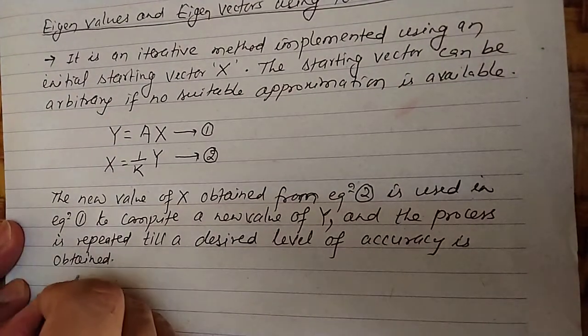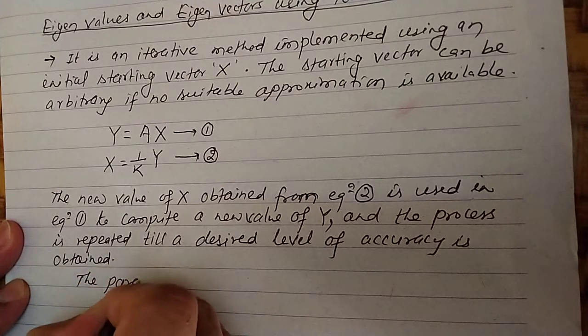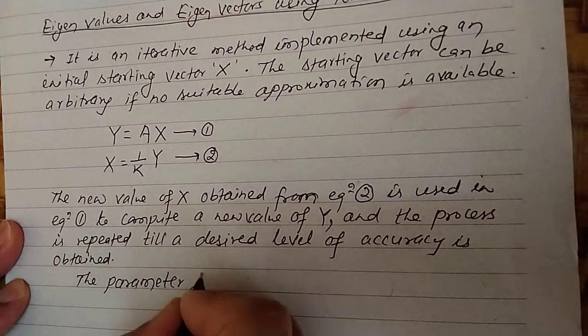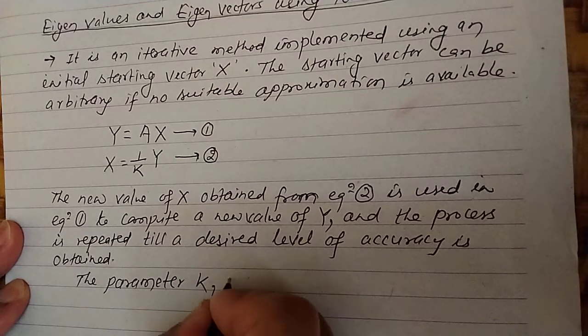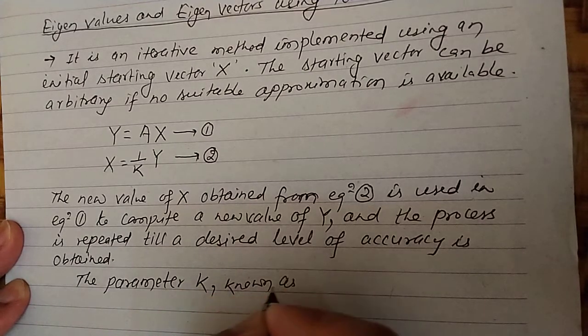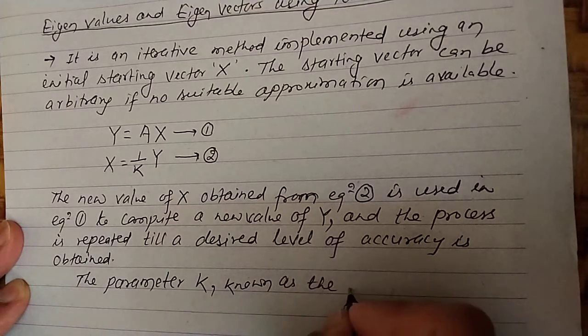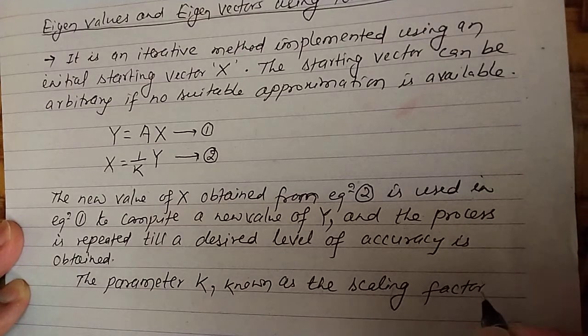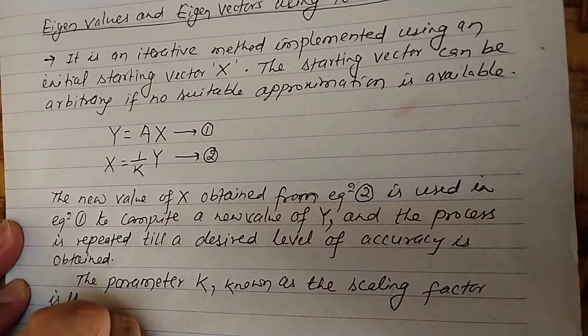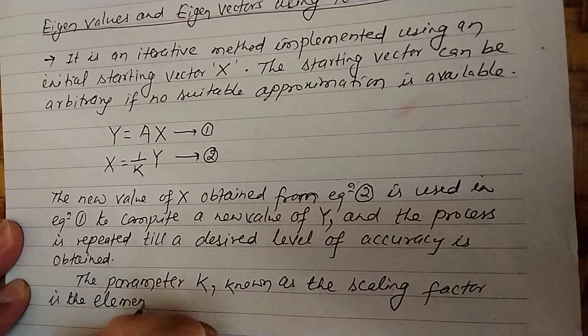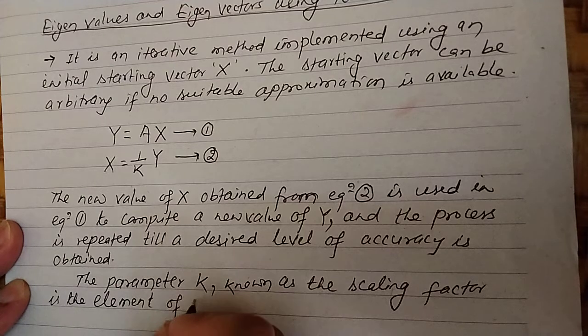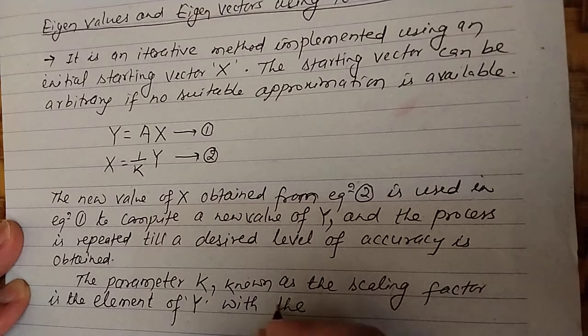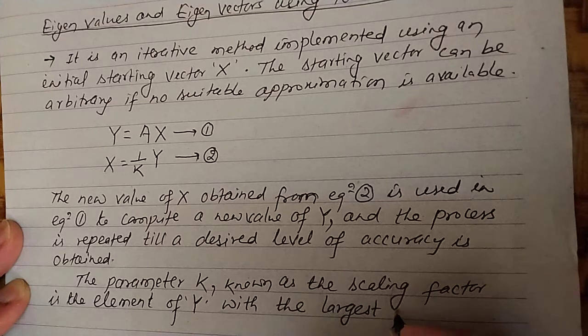All right. The parameter k, known as the scaling factor, is the element of y with the largest magnitude.